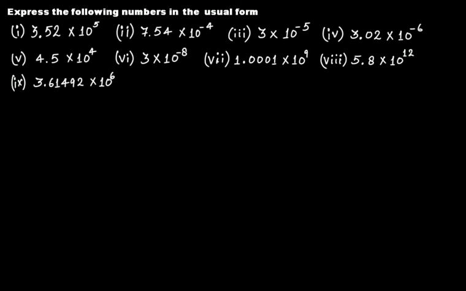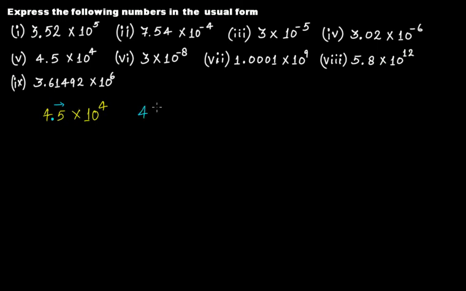Now you have 4.5 multiplied by 10 raised to the power of 4. Since the exponent is positive, you will move this decimal point towards the right by 4 digits. So one digit is 5, remaining 3.